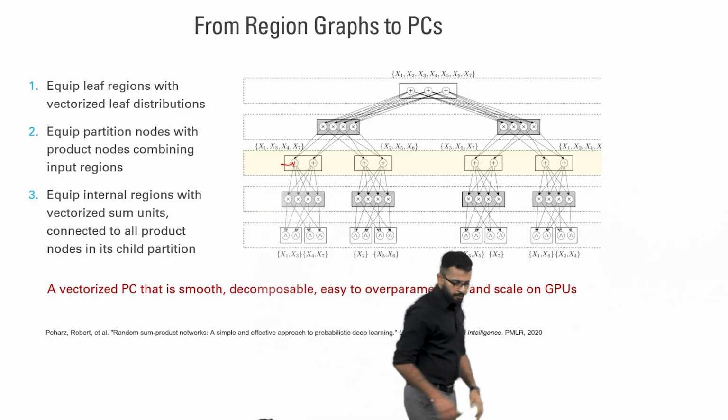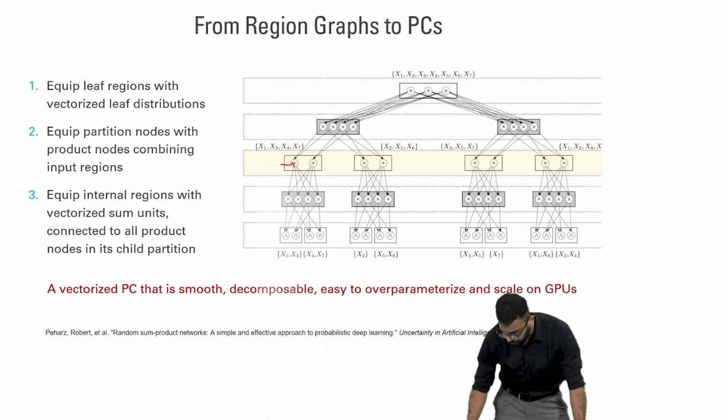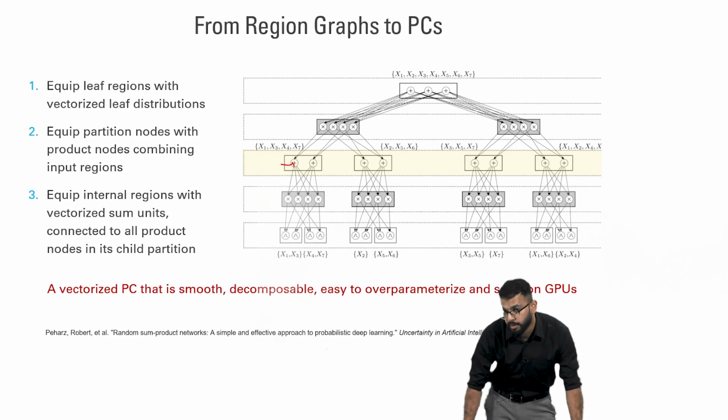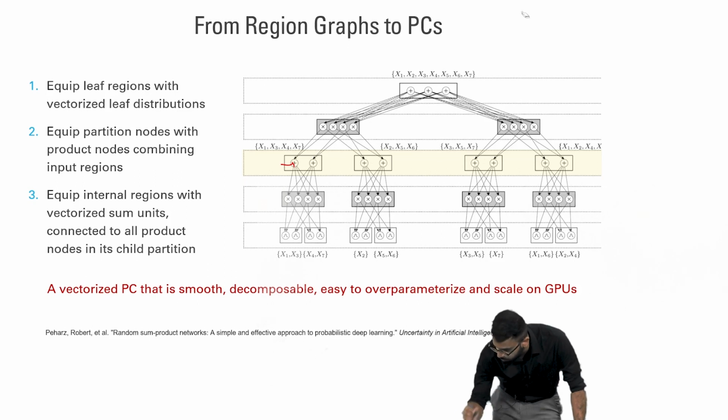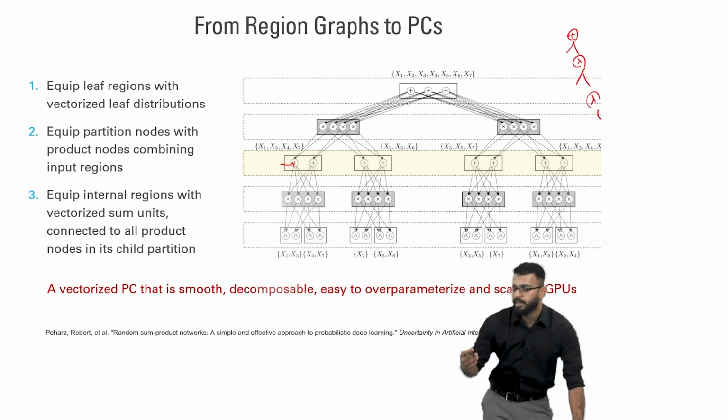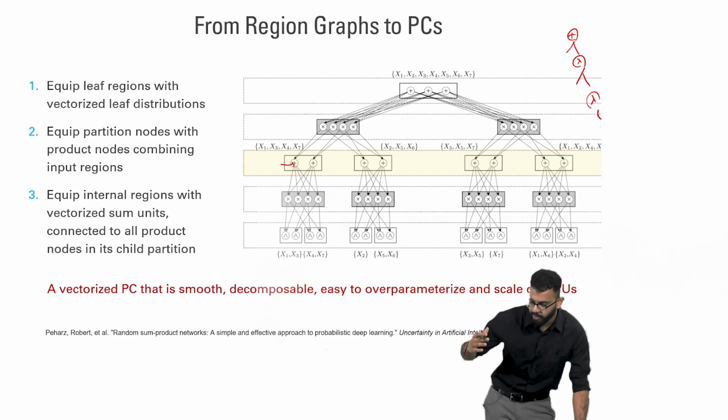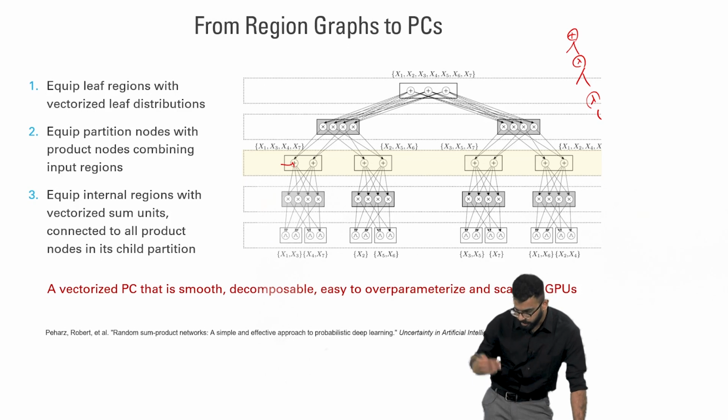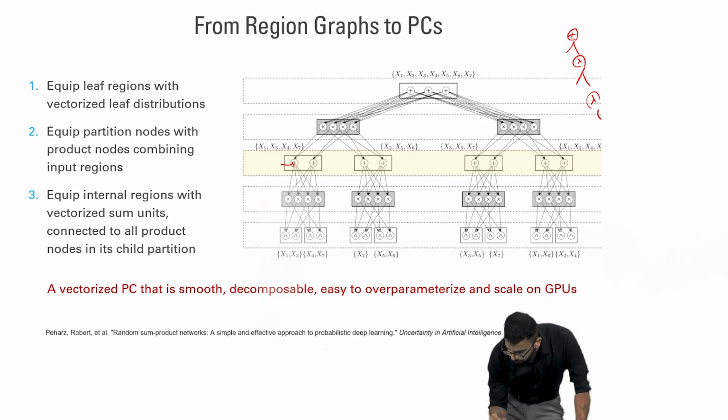So if you think of this computational graph, in a normal PC with structure learning, you can have computational graphs that are very long, which do not have a large number of connected components, right? But the way you are constructing it here, you have vectorized sum nodes at a layer, you have vectorized product nodes at the second layer, and everything is connected to everything, right?